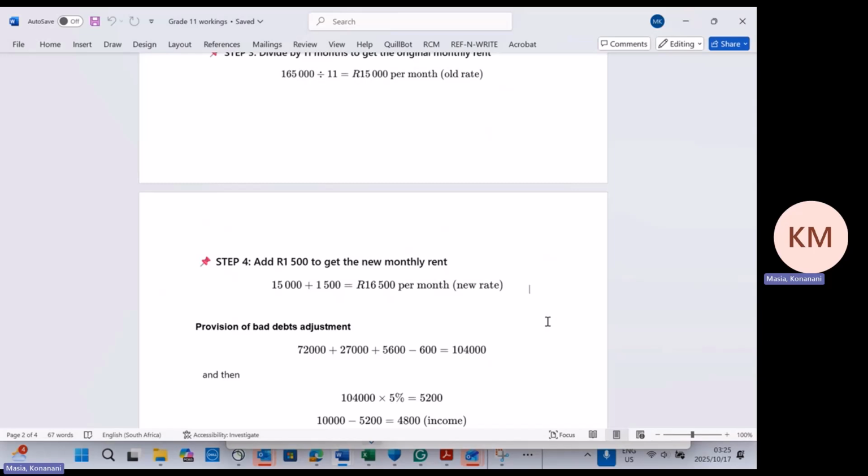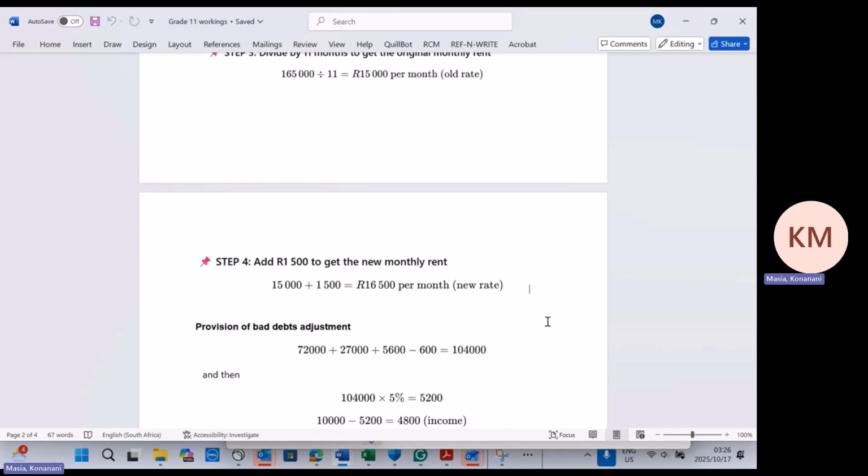But the provision was supposed to be only 5,200. Therefore, I need to make an adjustment of how much? 4,800. Then the 4,800 becomes an adjustment as income, because I need to reduce my provision from 10,000 to 5,200. Therefore, the difference of 4,800 is going to be added. How am I going to do it?